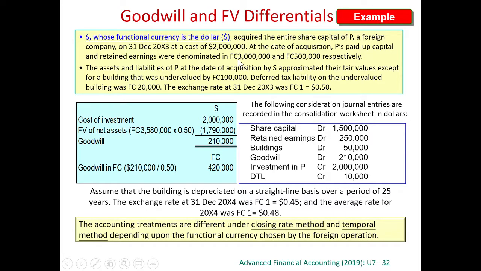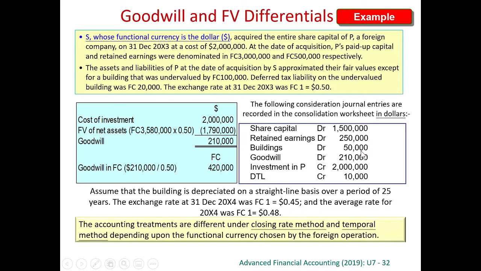Share capital was FC 3 million, translated at 0.5. This means $1.5 million. We debit retained earnings, being FC 500,000 times 0.5. This means $250,000. So this is the book value of the net assets.